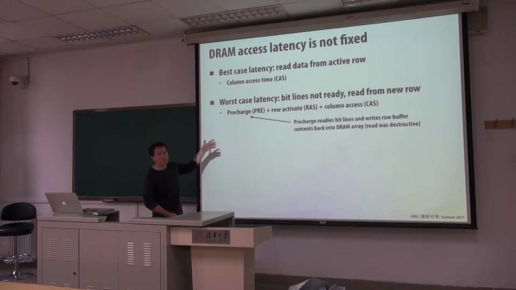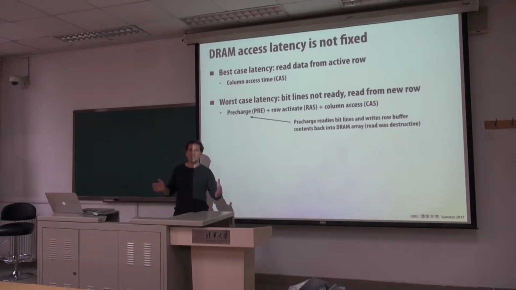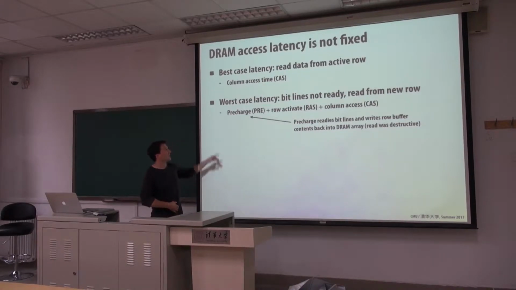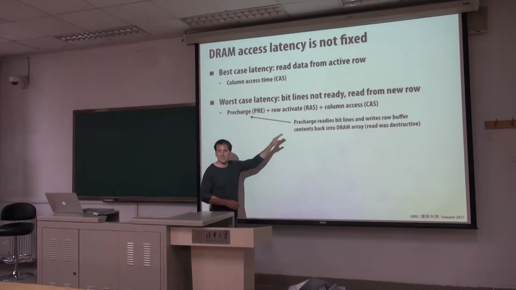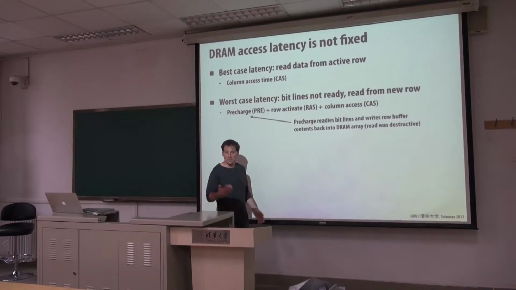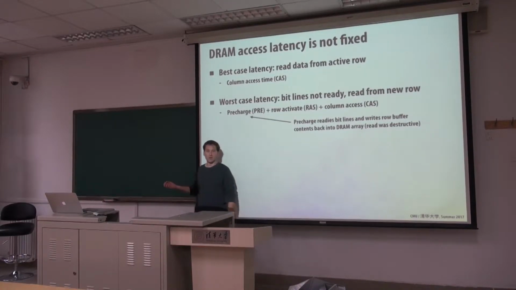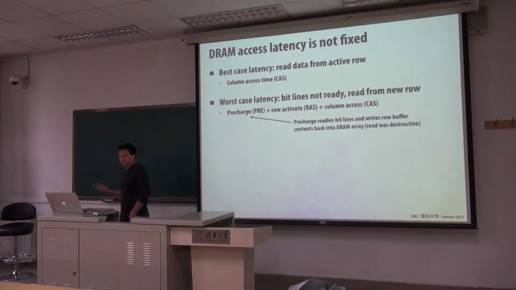In the best case, the byte that you want to read is already in the row that's in the row buffer, and we just have to read the row buffer. The worst case is we have to go through all of the steps that I just discussed. We have to pre-charge the bit lines, activate the row, copy the data in, convert the data, or put the data in the row buffer, and then read the row buffer.